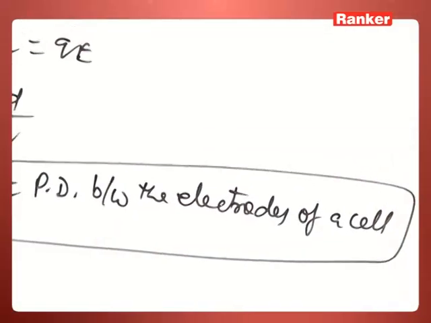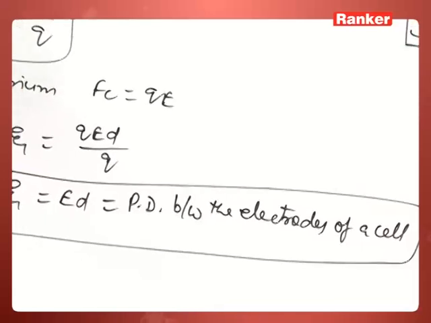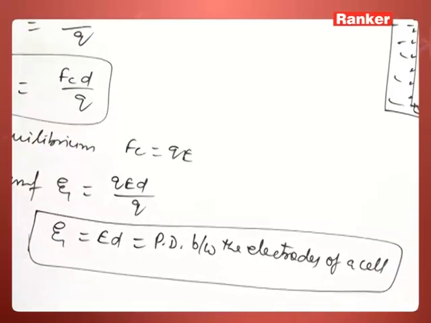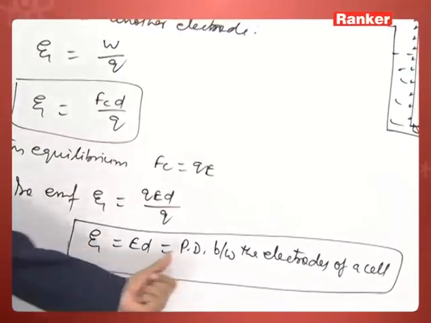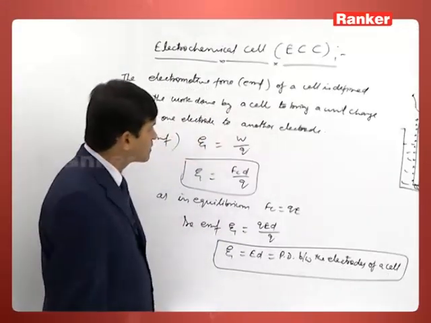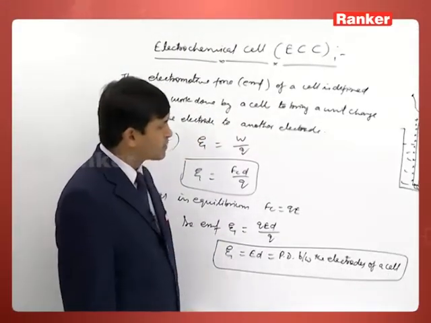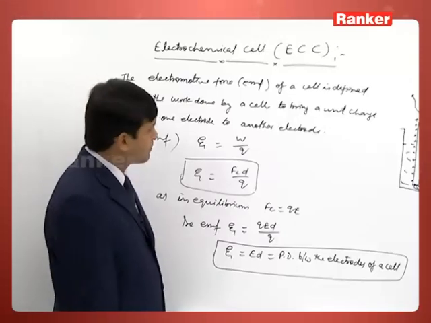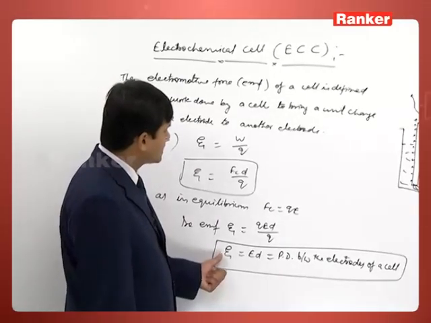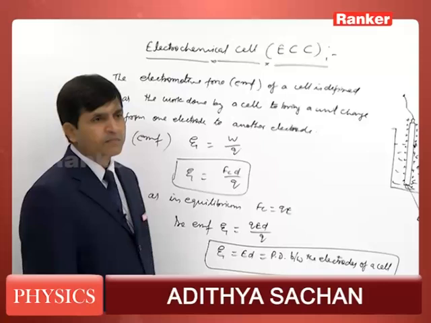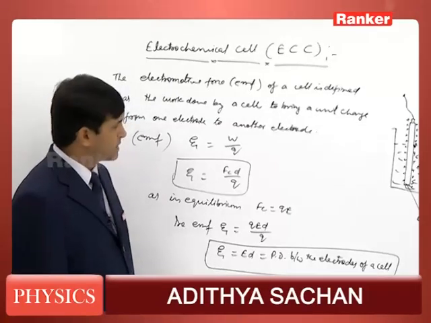But EMF depends on the chemical force, or rather on the chemical reaction. The numerical value of EMF could be equal to the potential difference between the electrodes of a cell, but it cannot be said that EMF and potential difference are the same physical quantity.